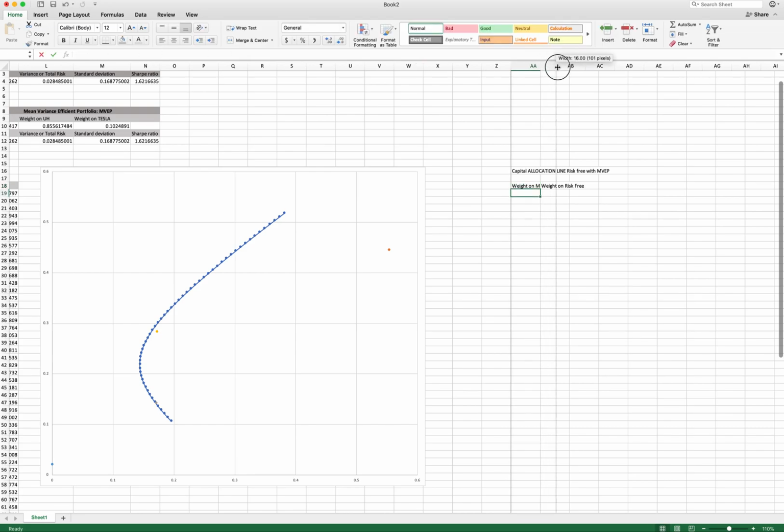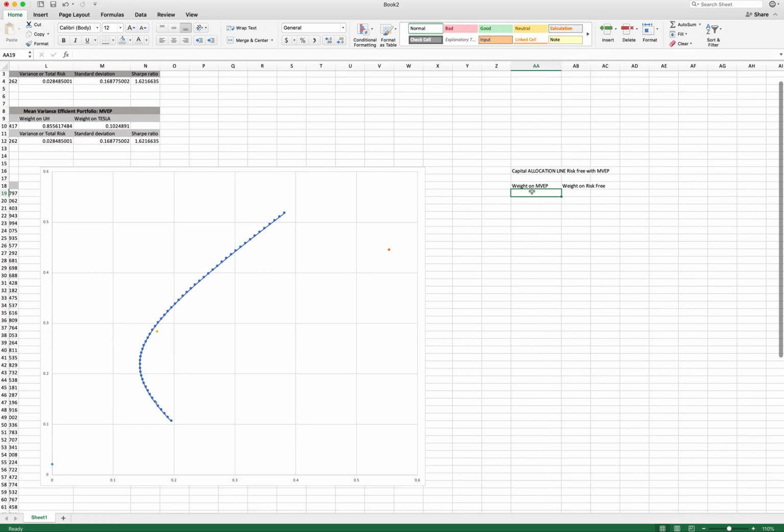And let's move from maybe 0 here, 0.1, 3.5, that sounds good. And the weight on the risk-free is 1 minus this. Okay, and you see that when you go past 1, you're basically shorting the risk-free or borrowing.